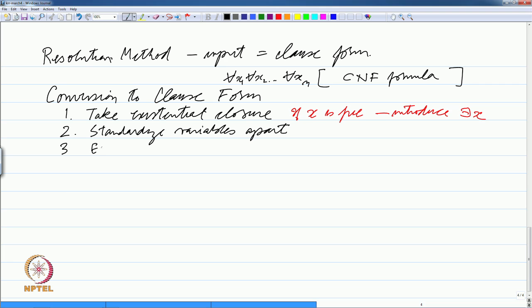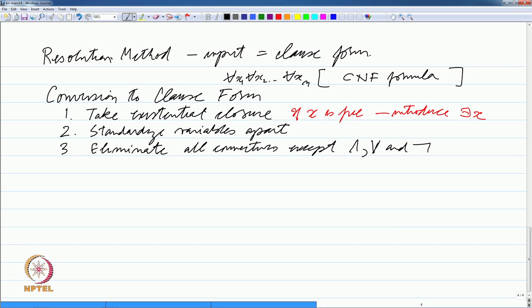Step 3, eliminate all connectives, and we have seen how to do that, for example, and we will see another example.